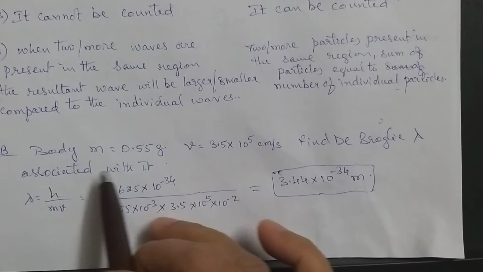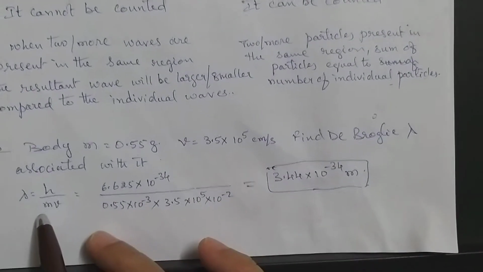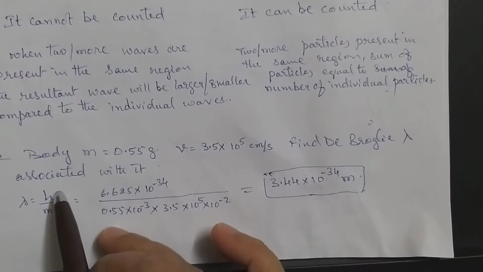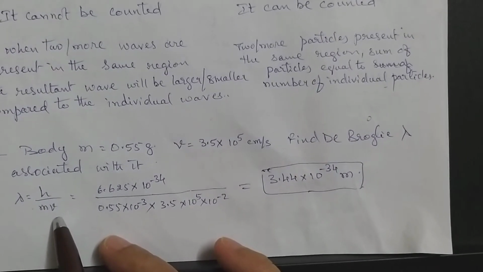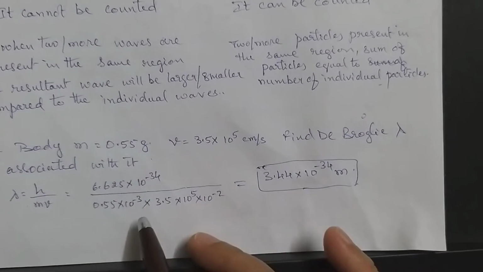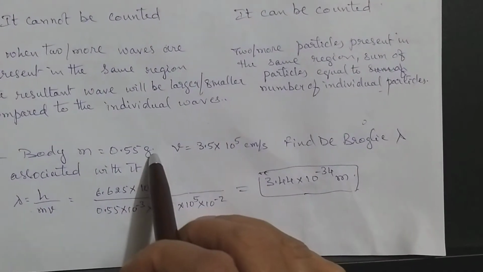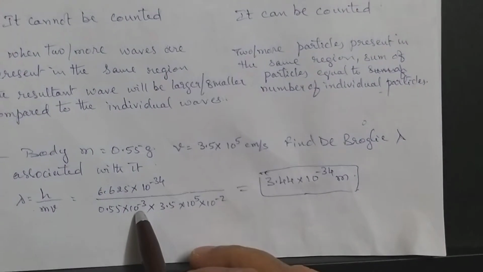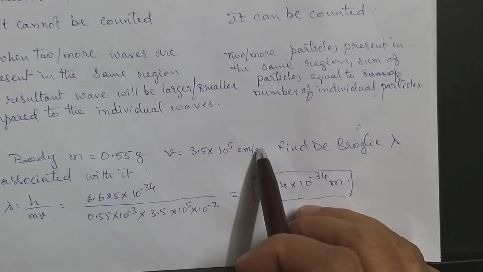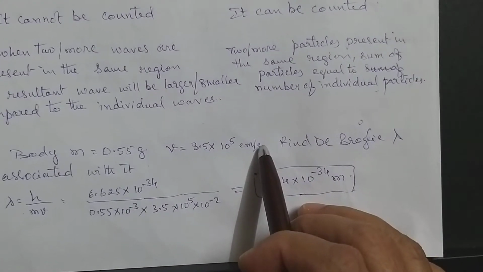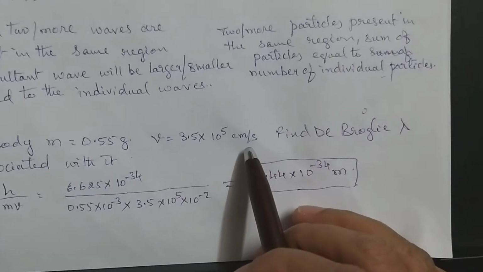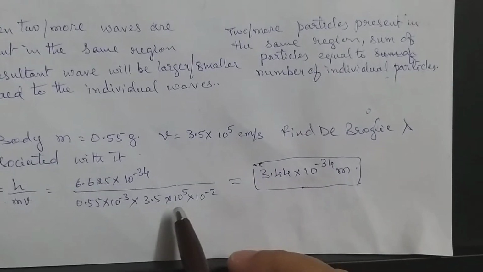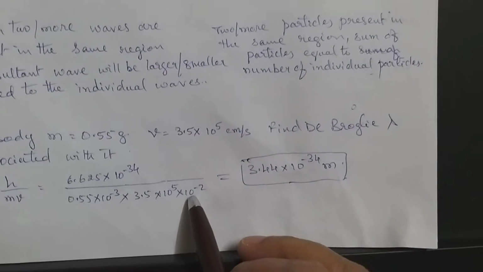He is asking what is lambda associated with it. So lambda equal to h by mv is the formula, h by p. So we have calculated here. This is in CGS system, so 10 to the power minus 3 multiplied. This is in MKS system only, so put it like that, meters per second. Why does this 10 to the power minus 2 come here?